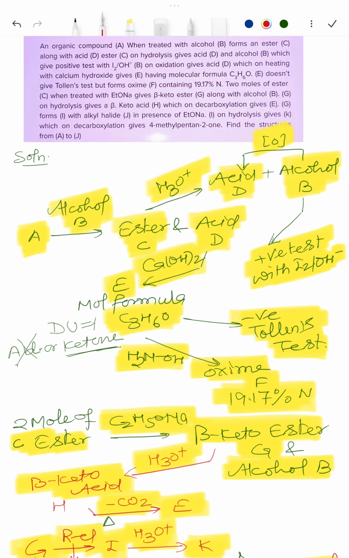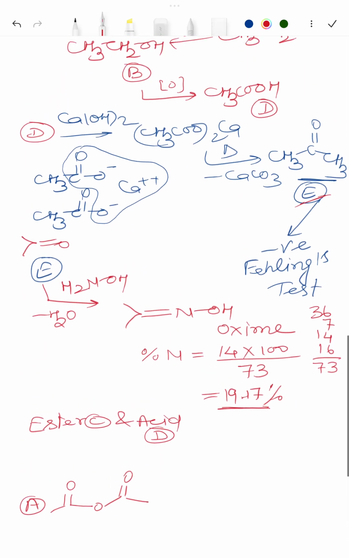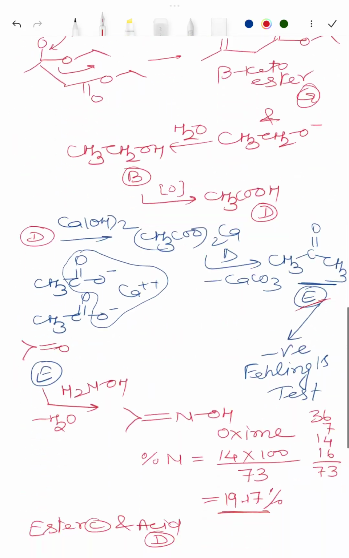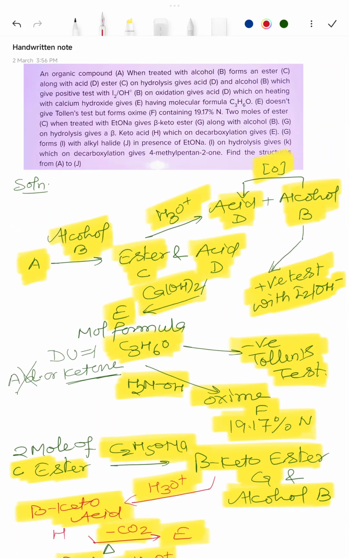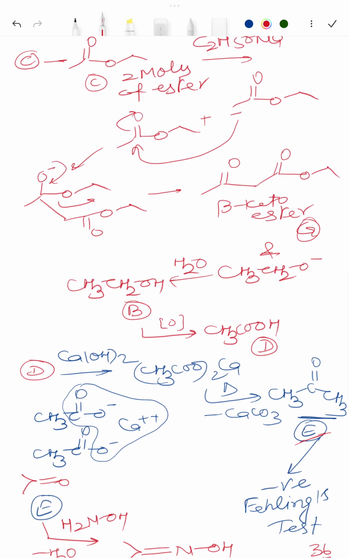Acid D is prepared by the oxidation of alcohol B. So alcohol is B, and acid D, what is acid D?